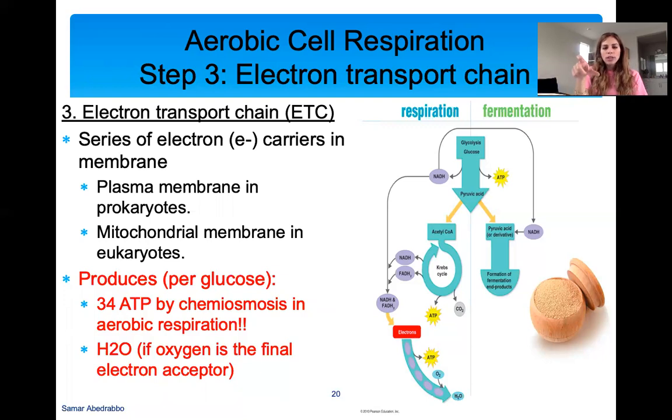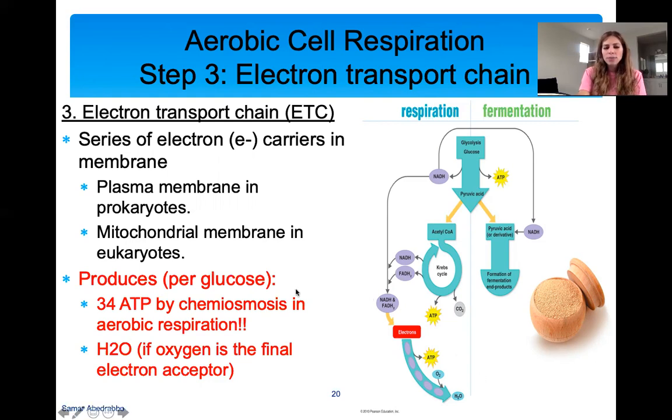The next step, which is the transition step and the Krebs cycle, for prokaryotes also happens in the cytoplasm, but for eukaryotes, it happens in the mitochondria. And then the electron transport chain happens in the cell membrane for prokaryotes, and for eukaryotes, it happens in the mitochondrial membrane. So keep that in mind.